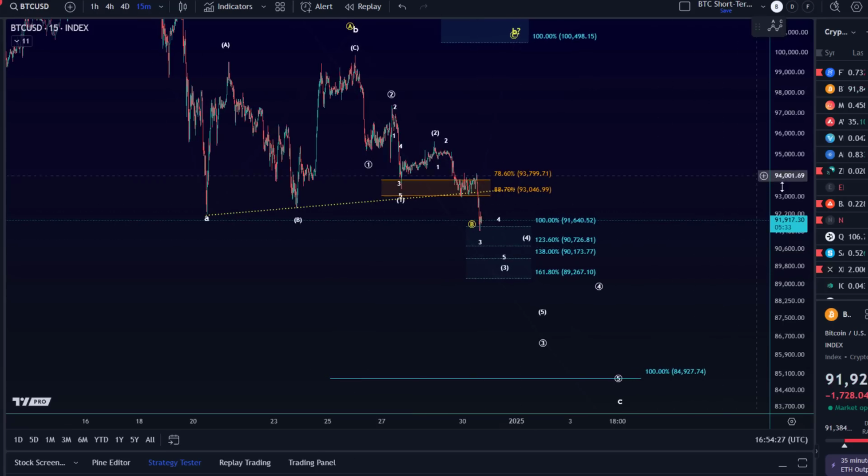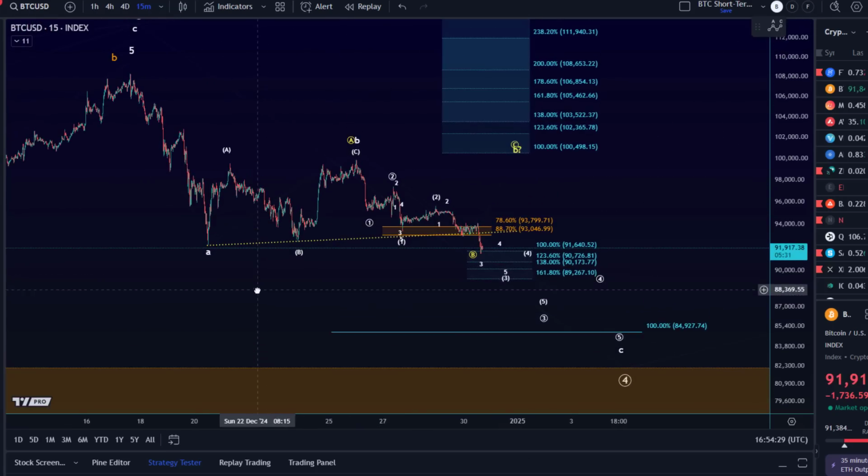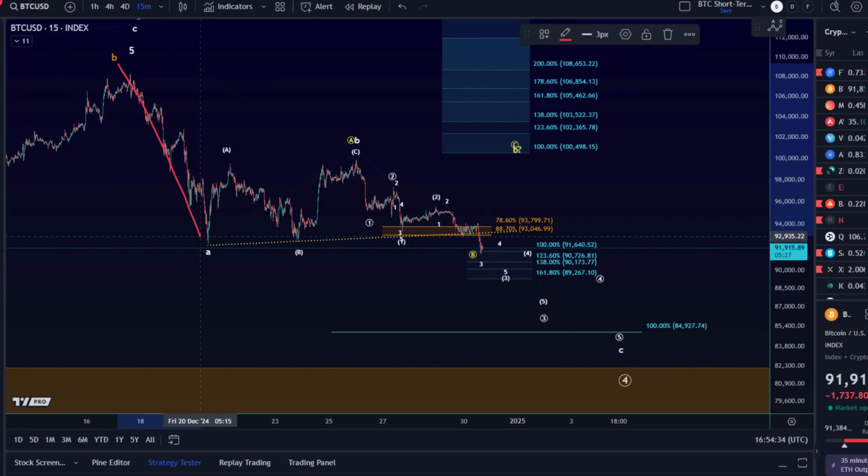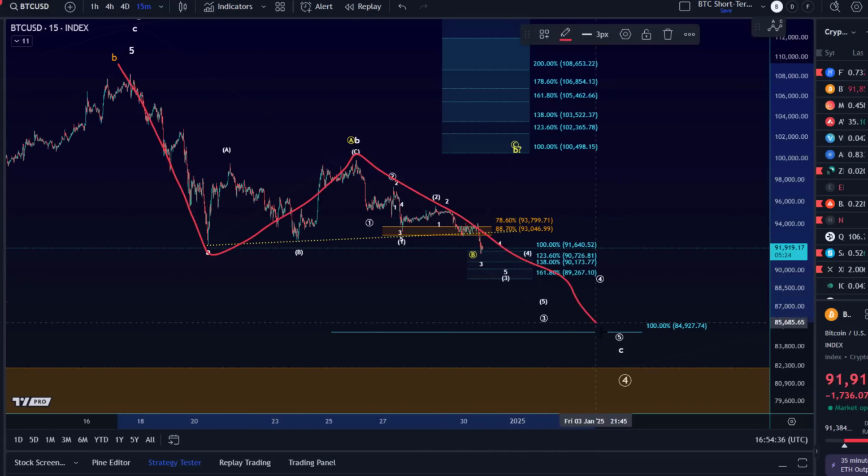Because if we're really tracking this correction here, which is obviously still unfolding, it is being tracked as an A, B, C structure. And the target of a C wave typically points to the 100% Fibonacci extension, and the 100% Fib extension is located at 85K.